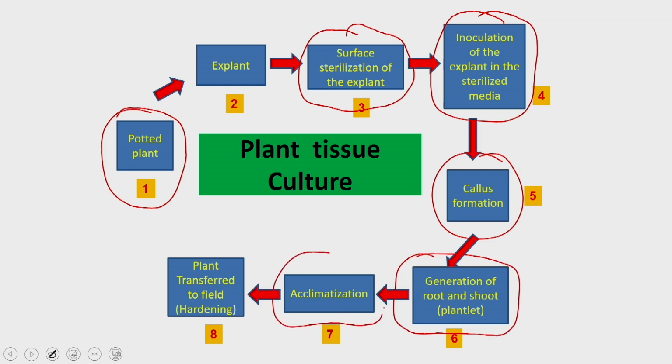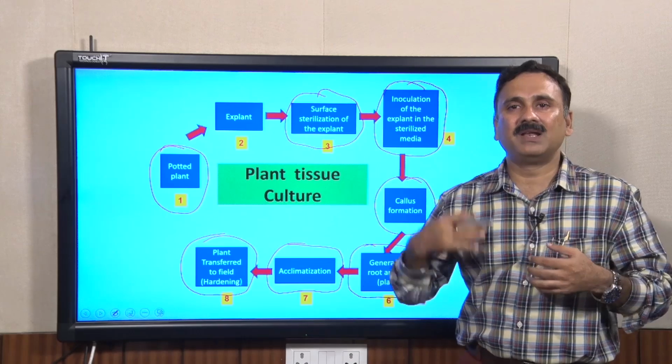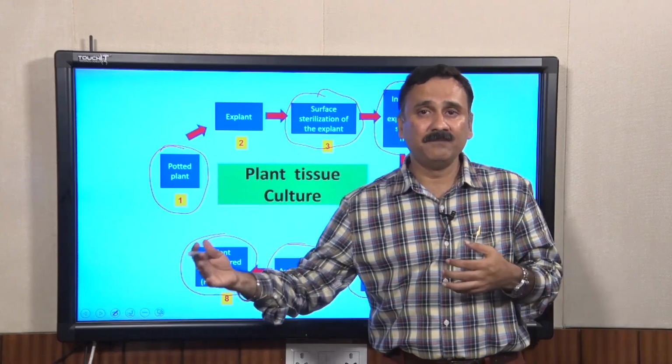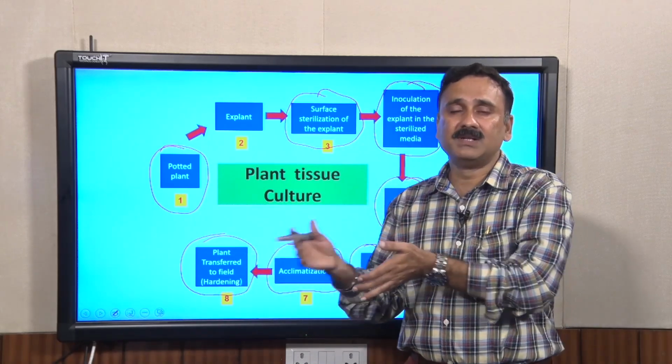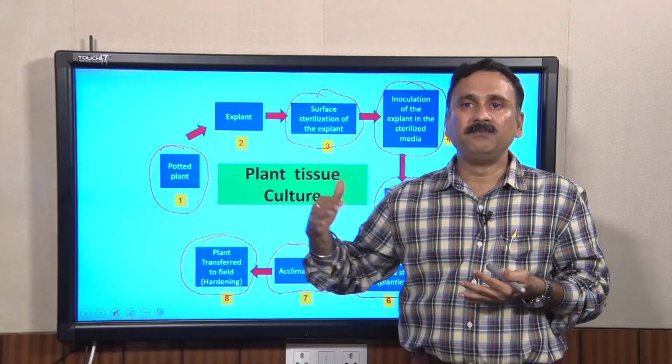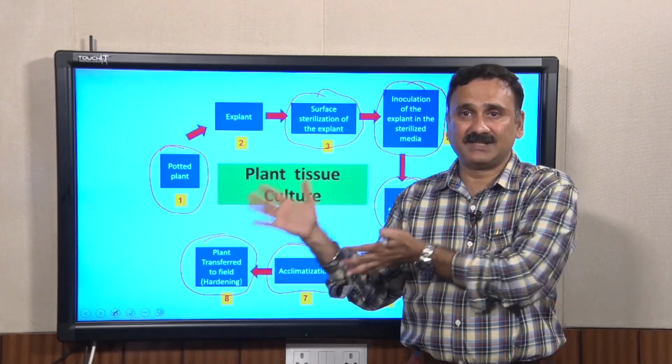Ultimately we showed you how to do the acclimatization as well as the hardening steps, so that you will be able to develop these plantlets into a fully grown tree, or plantlets which are going to have applications in the fields.